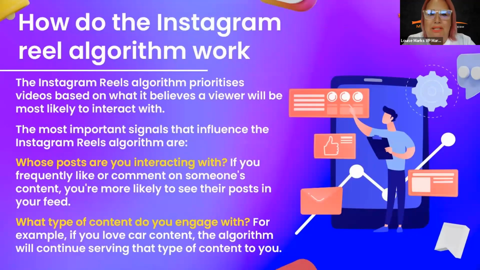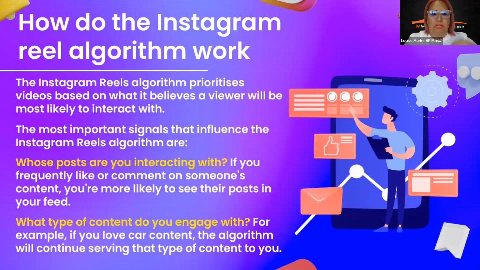So would you believe it? The Instagram Reel has an algorithm, very much like Facebook and Instagram. The Instagram Reels algorithm prioritizes videos based on what it believes a viewer will most likely interact with. So this could be somebody that is not within your network at all, has never engaged with you before.